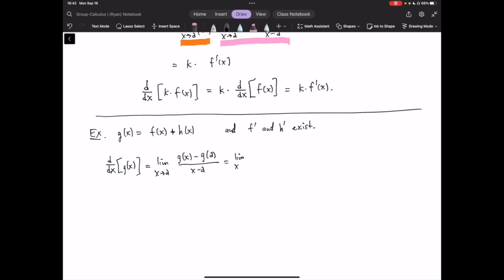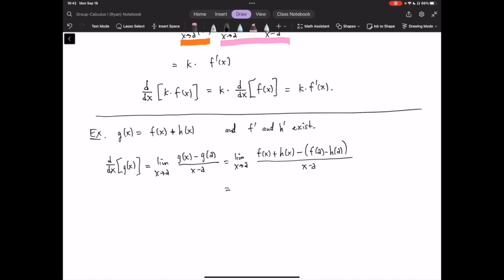This is then the limit as x approaches a of f of x plus h of x. That's all g of x, right? So g of x is equal to f of x plus h of x minus, and then I should put parentheses here, because now g of a is going to be equal to f of a minus h of a. All right, and this is all over x minus a.